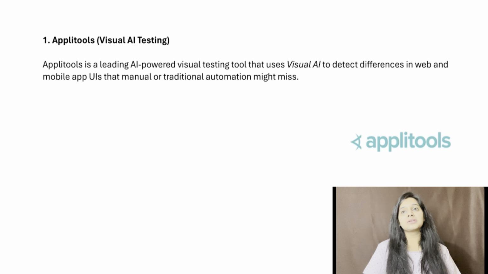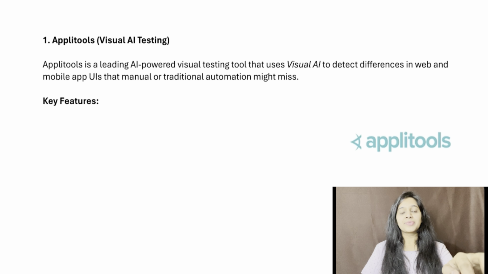Basically, Applitools is used for visual testing. While you do the testing, you take a snapshot or screenshot of a particular page, and during execution it compares and finds defects, if there is any layout shift or any UI-related issues.